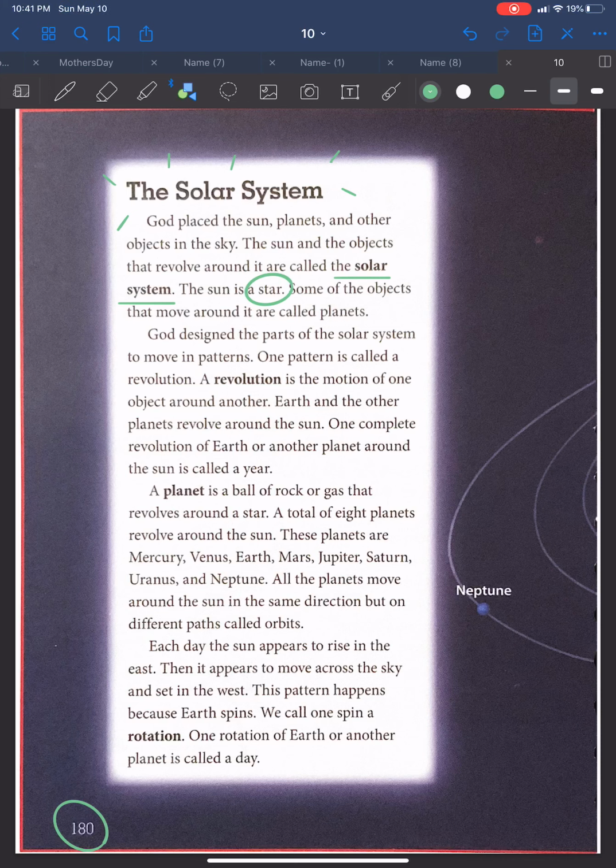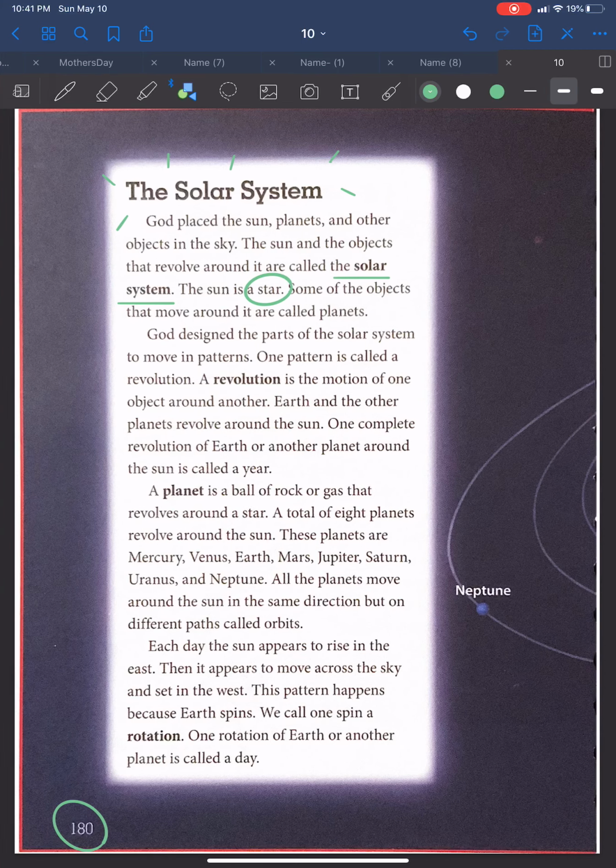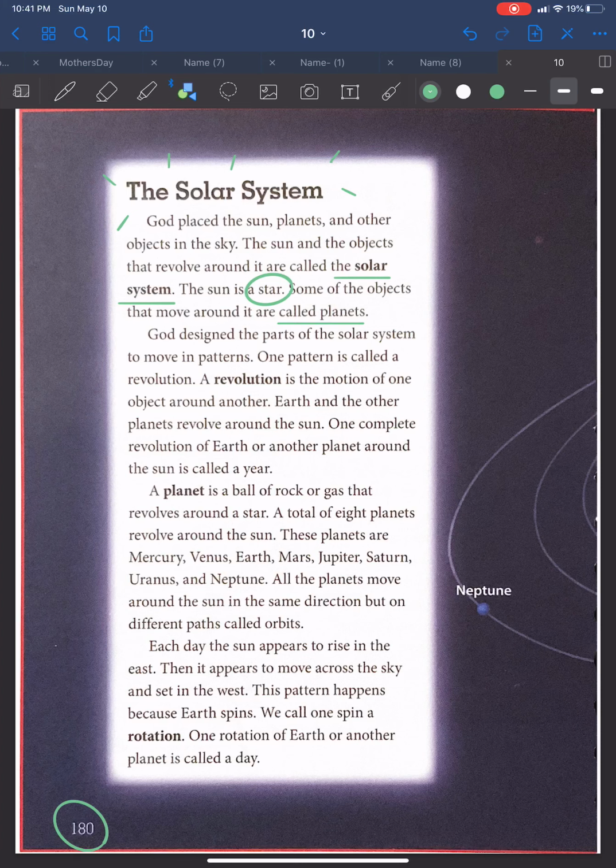It's just a star that we are really close to. Some of the objects that move around it are called planets. God designed parts of the solar system to move in patterns. These patterns are really important. One of these patterns is called a revolution. A revolution is the motion of one object around another.